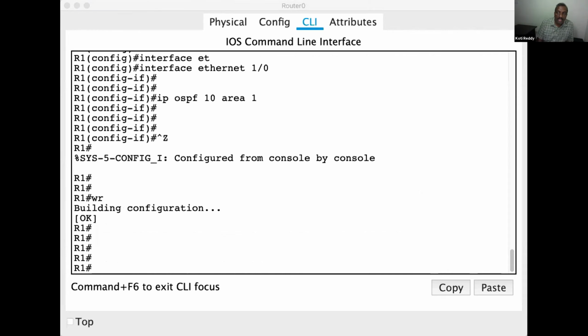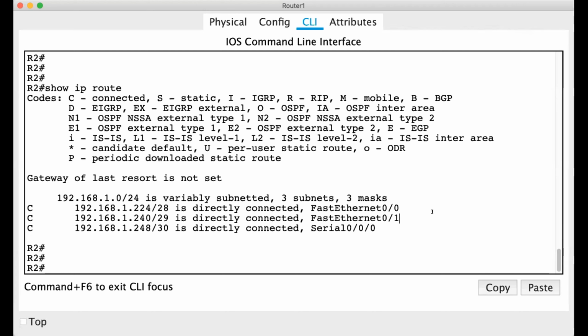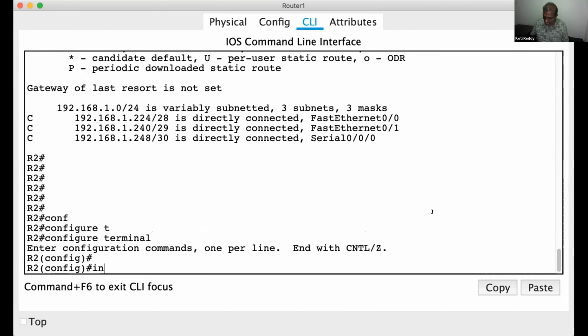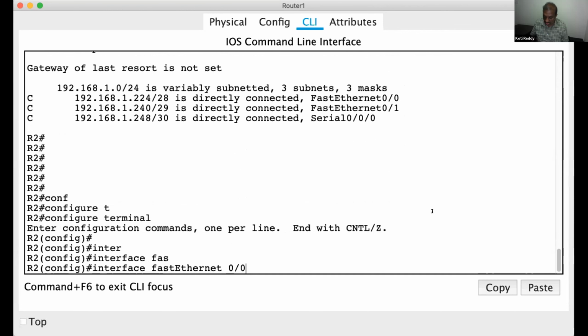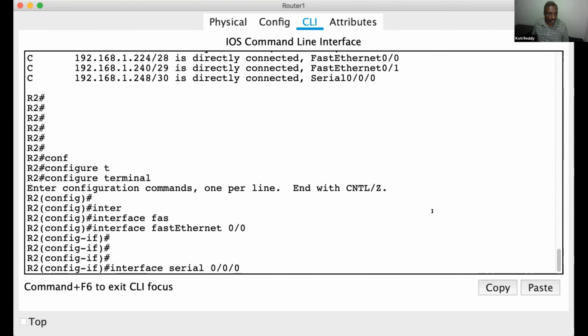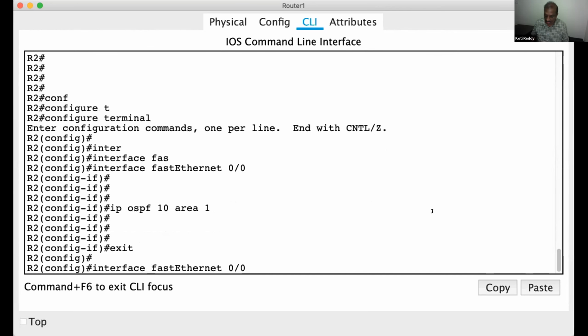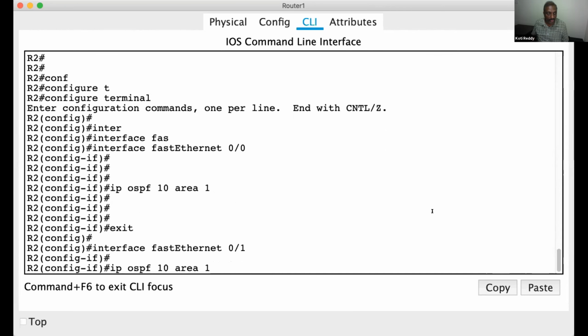Let's do the same thing on the R2 router also: interface FastEthernet 0/0, ip ospf 10 area 1, exit, interface 0/1.